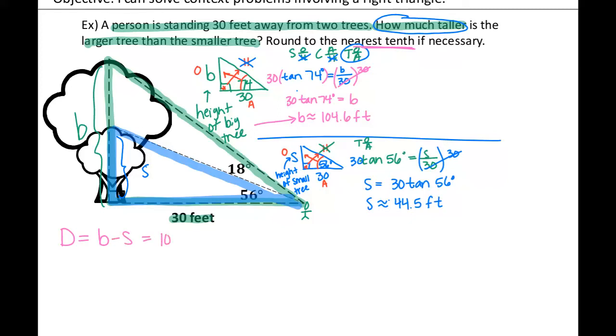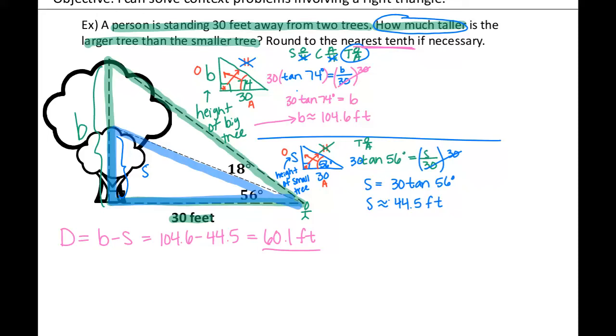That's going to be 104.6 minus 44.5. Which is going to be 60.1 feet. My units is still feet. Now this is my final answer, but I have to write a sentence conclusion, okay?